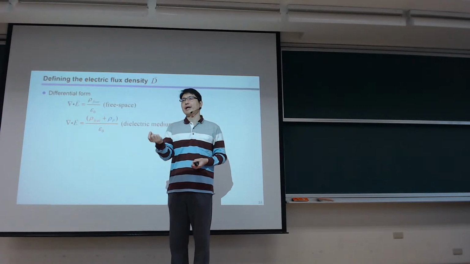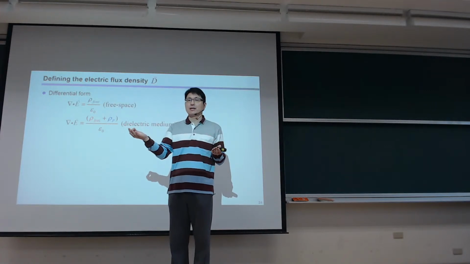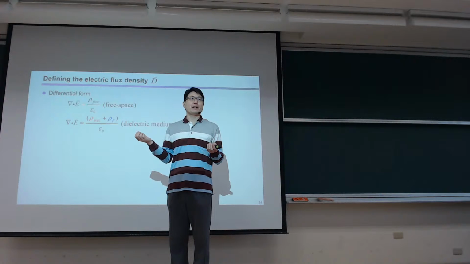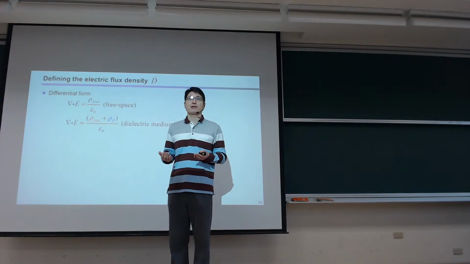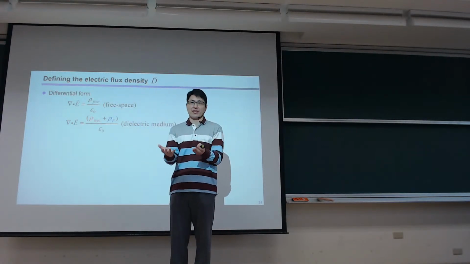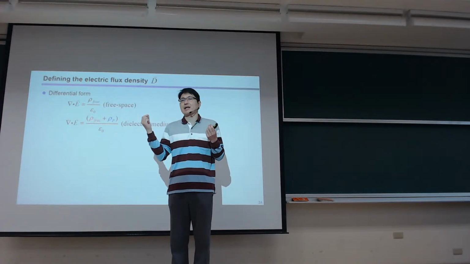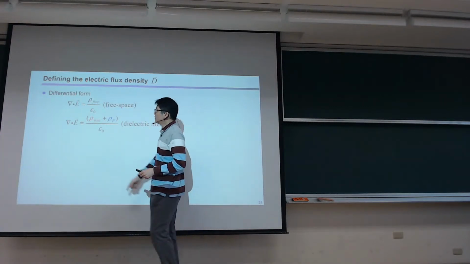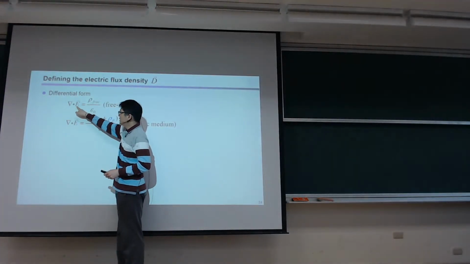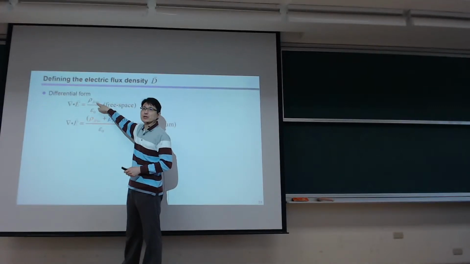So if you want to create some field distribution in vacuum, that has to come from free charges. This is the best way for you to remember it. Vacuum has nothing, so if you can create some field line, it's definitely coming from free charges. So divergence of E in free space is basically coming from free charge densities. They're free.